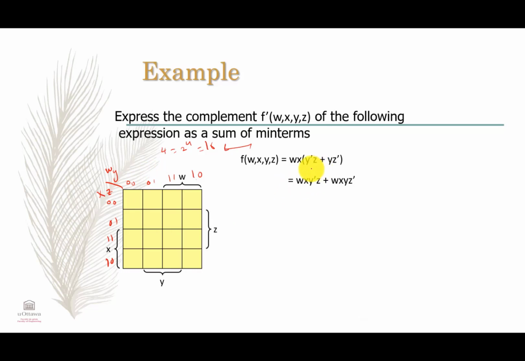So when we are looking for this term, we have to shrink the area where we're going to place our 1, because we're looking where w is true, so it's for sure in one of these two columns, as well as x in its true form is going to be in one of these two rows, and y prime is going to be either here or here.